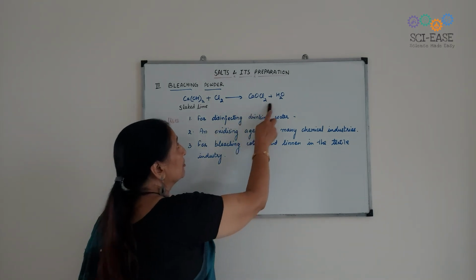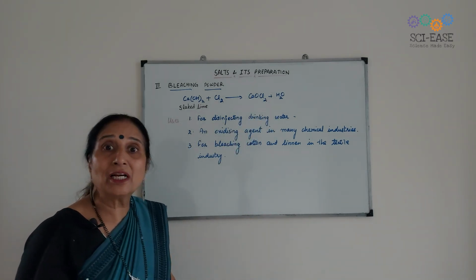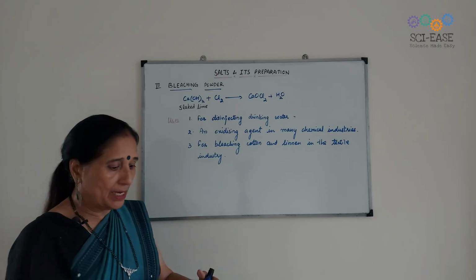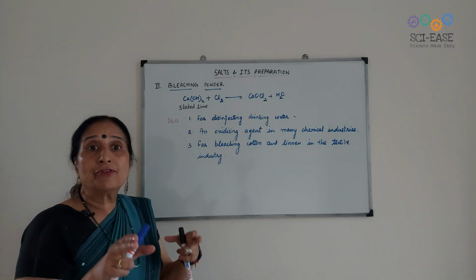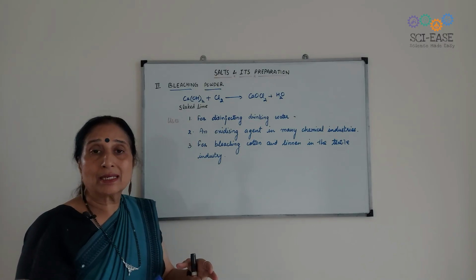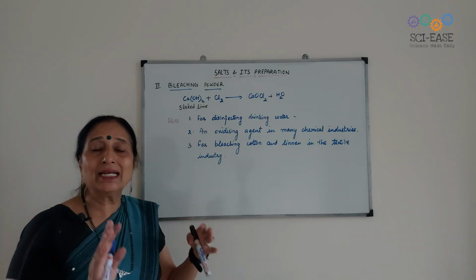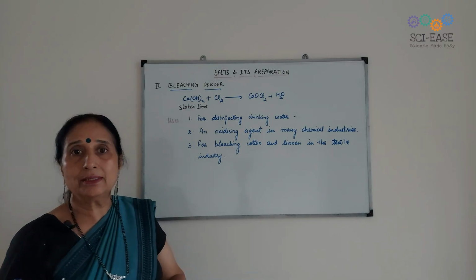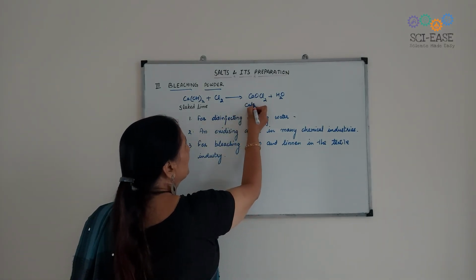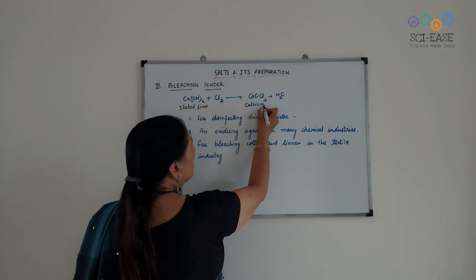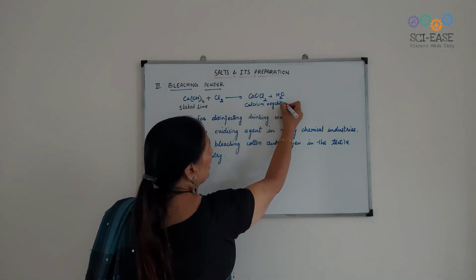This results in the formation of bleaching powder plus water. The chemical name of bleaching powder is calcium oxychloride and its formula is CaOCl2.